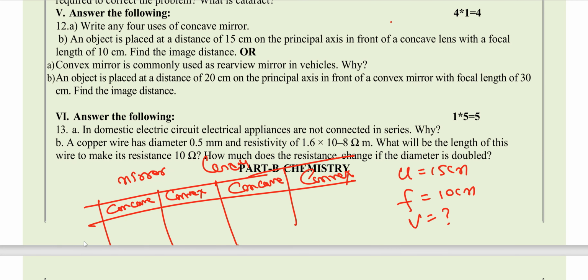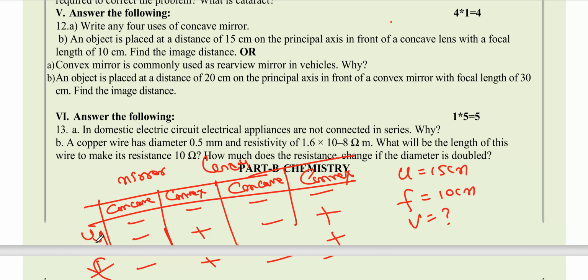First is U, next is V. U is in all cases negative. V is negative, positive, negative, positive. Focal length negative, positive, negative, positive. Focal length, that is F.